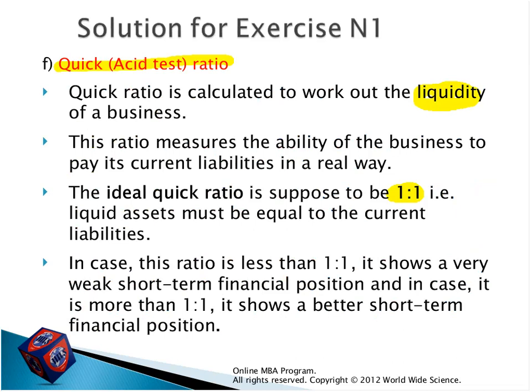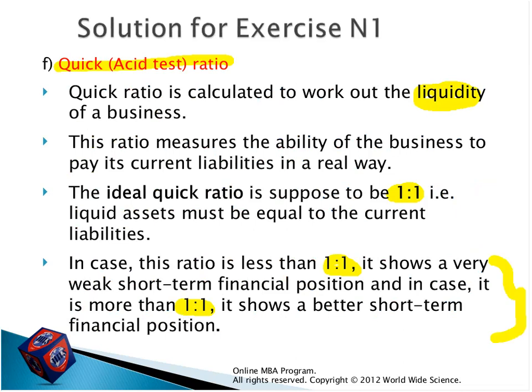In the case this ratio is less than the norm, it shows a very weak short-term financial position, and in the case it is more than our norm of 1:1, it shows a better short-term financial position. This is how you can make conclusions.